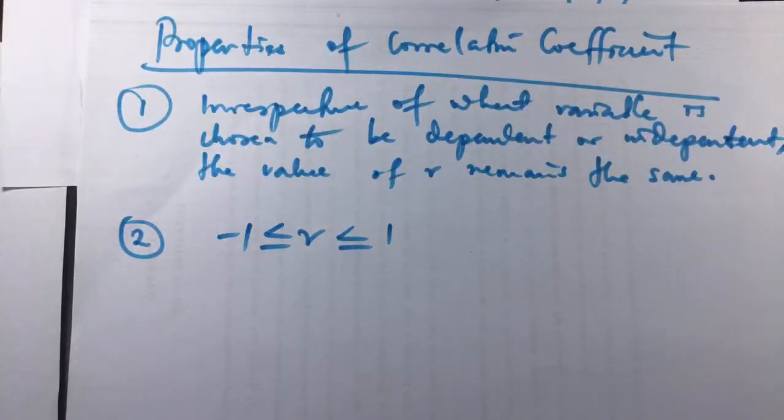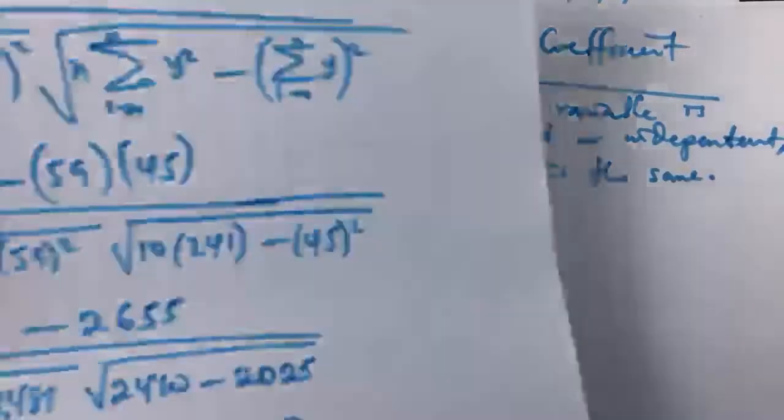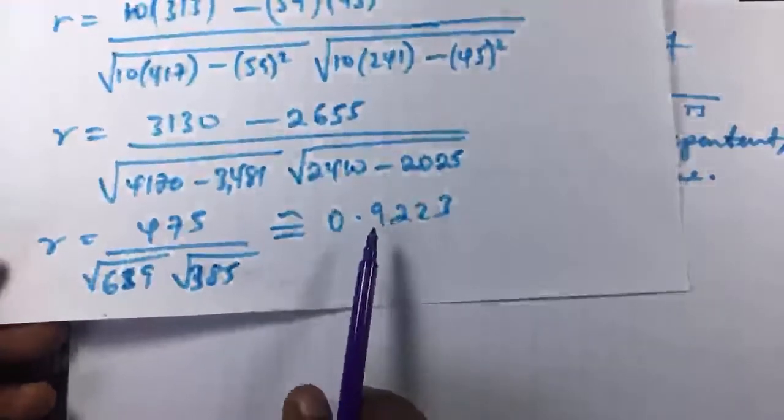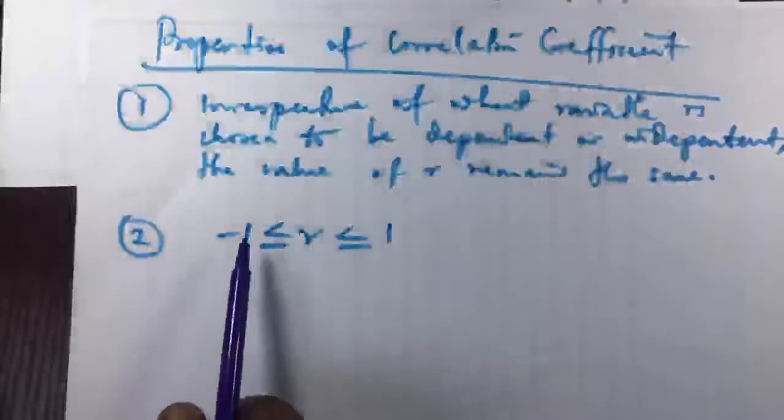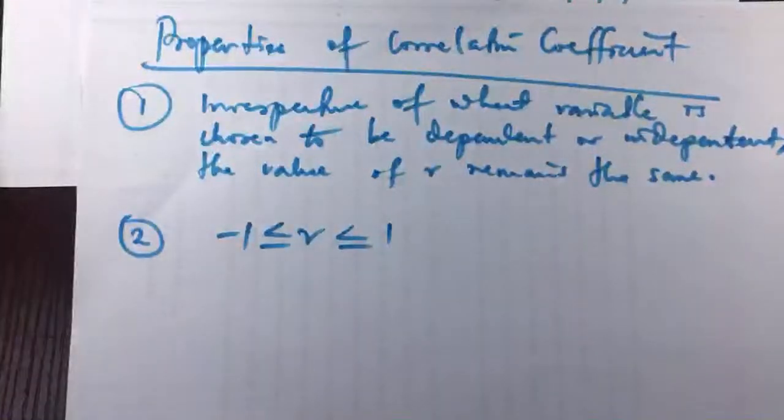So you cannot obtain an R value that is greater than 1, neither can you obtain an R value that is less than -1. If you obtain such results, you are wrong. You have to check your solution process again. So R in property number 2 must lie between -1 and 1. And you will notice something about our result. 0.9223 lies between -1 and 1, showing you that what we have solved is correct.